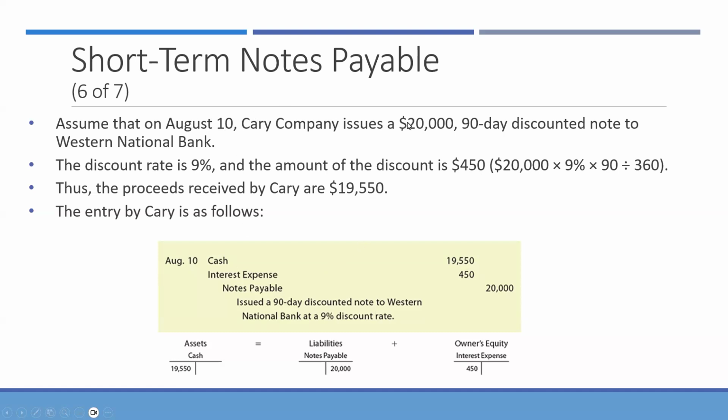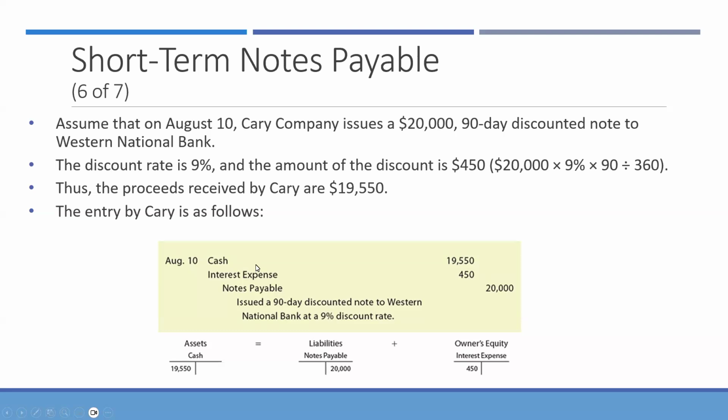Assuming that on August 10th, the company issues a $20,000 90-day discounted note to Western National Bank, because this is all going to happen within the same year, since 90 days from August 10th will be October 10th, we can record this as interest expense right away.